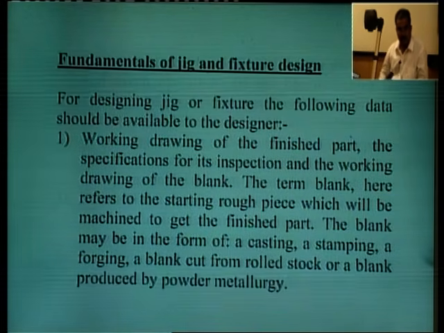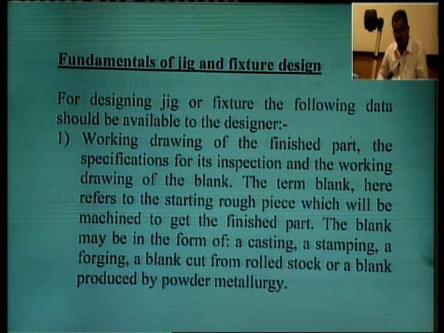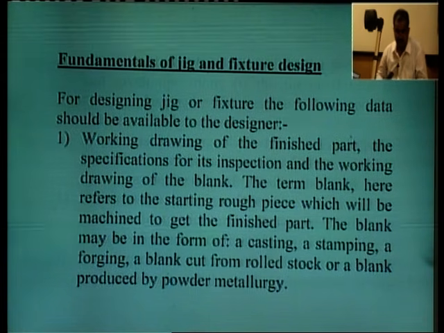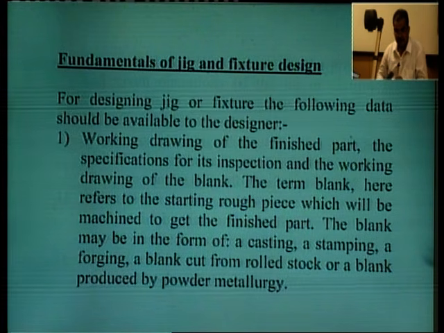Then fundamentals of jigs and fixture design. For designing a jig or fixture, the following data should be available to the designer before designing the jig and fixture. First of all, the working drawing of the finished part, the specifications for its inspection, and the working drawing of the blank.